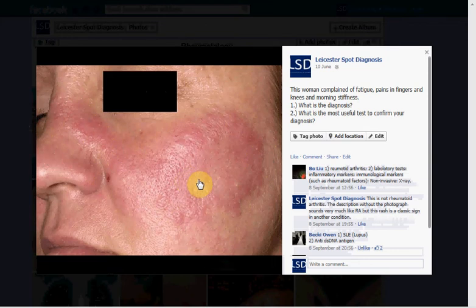Well, that would be anti-double-stranded DNA. Anti-nuclear antibody, ANA, well, most people are positive for this anyway, even without disease, so that's a useful test if it comes back negative, but the most useful test is anti-double-stranded DNA, as it is most useful if it's positive.